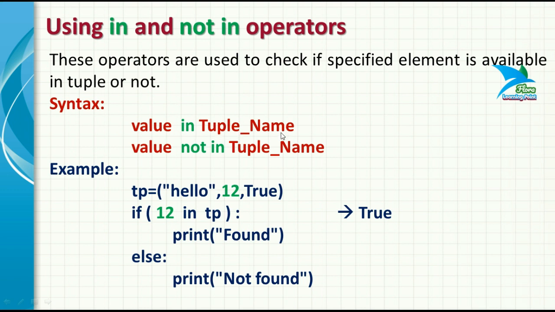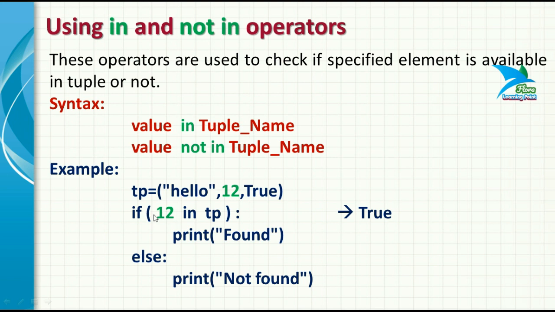You have to specify the value that you want to search for in the tuple. Then using the in operator you specify the name of the tuple, and the in operator will return true if the specified value is available inside the tuple, and in case of not in, it will return true if the specified value is not available inside the tuple.